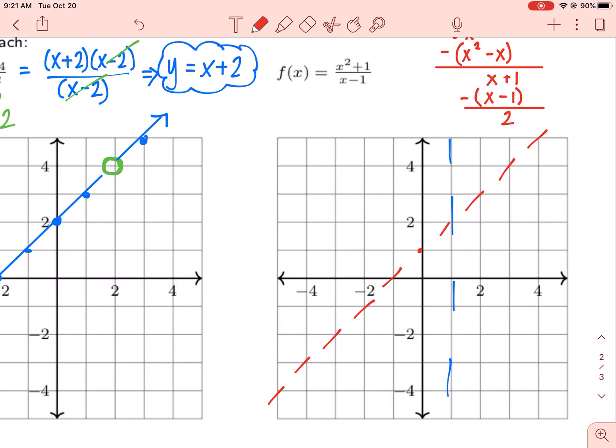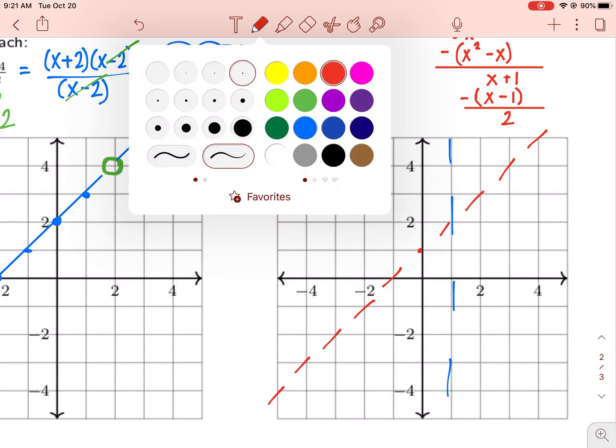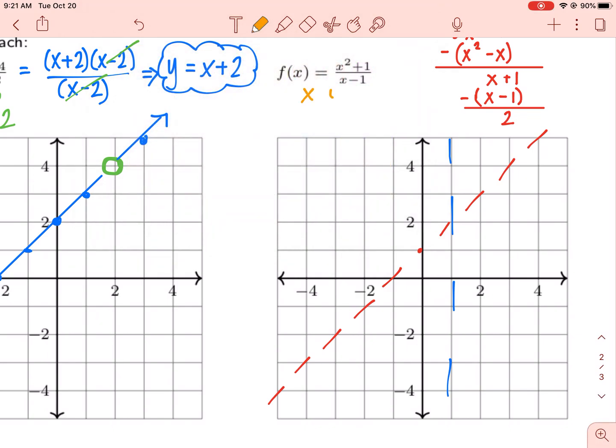I'm now going to jump into some XY tables. Next, I need to figure out where this graph is, what's happening. If I plug in 2, I get 5. Okay, so it's something up there. If I plug in 0, we're trying to find that y-intercept, I'm going to get negative 1.